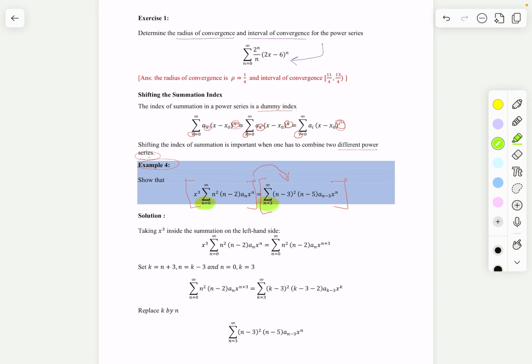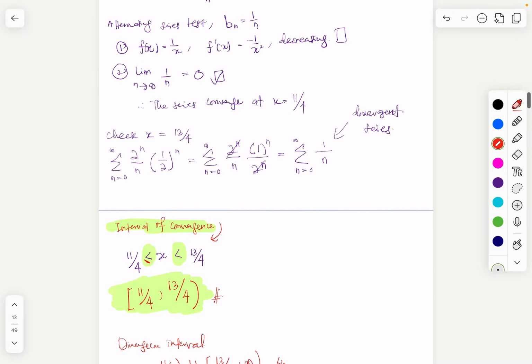And we have the subscript of n here, but here we have the subscript of n minus 3. So how can we convert from this form to this form? It is still the same, it's just that the index is different. How can we do that?